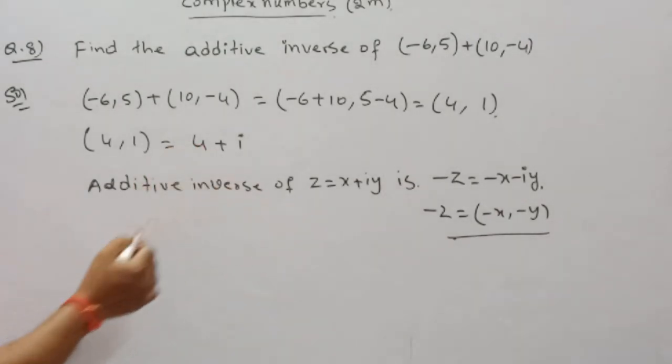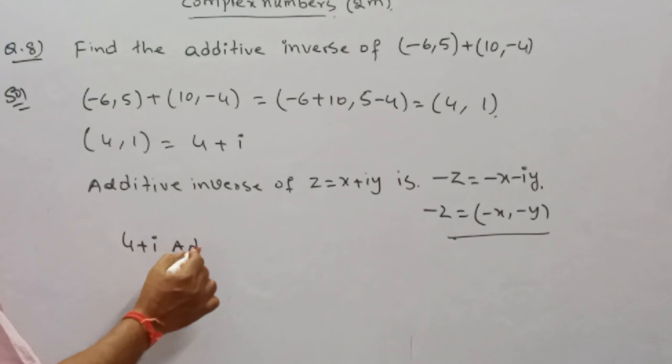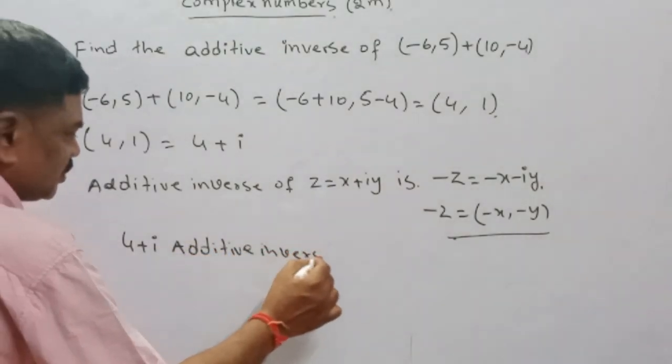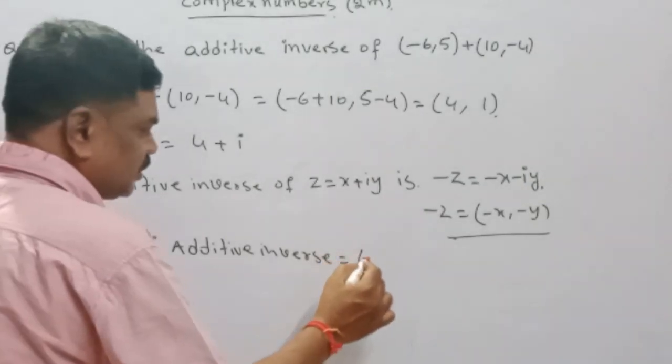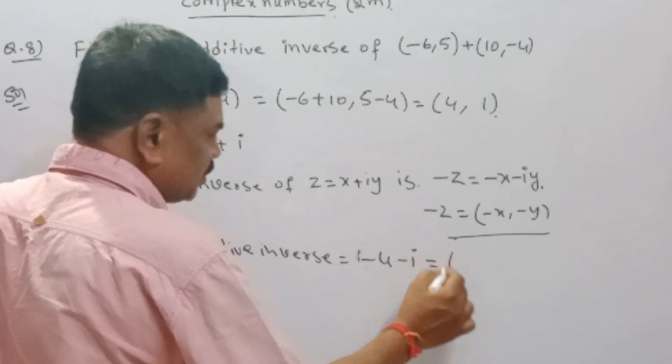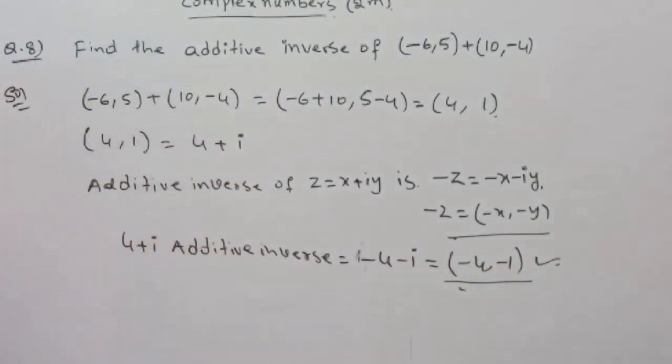By using this formula, the additive inverse of 4 plus i is equal to minus 4 minus i, equal to minus 4 comma minus 1, which is the additive inverse of the given problem. Okay, all of you, that's all.